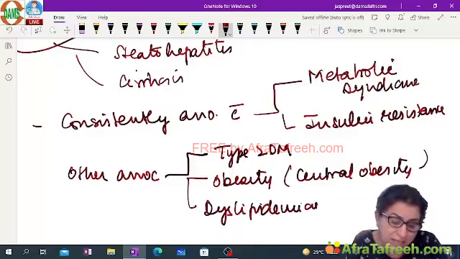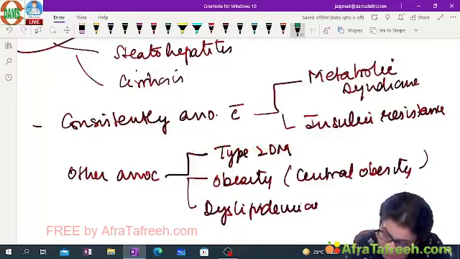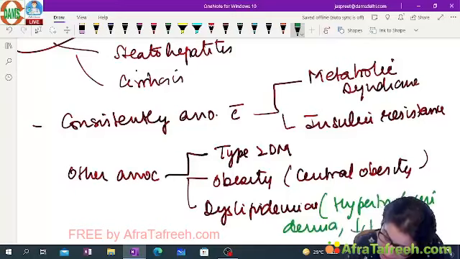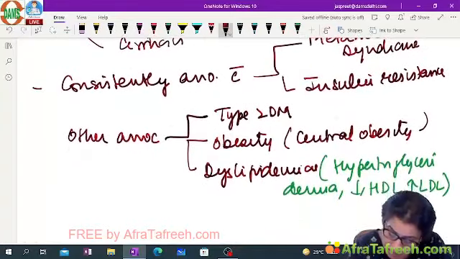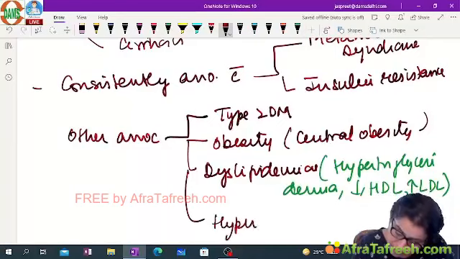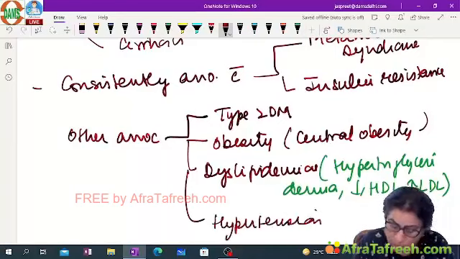They have hypertriglyceridemia, then decreased HDL cholesterol and increased LDL cholesterol. So they have dyslipidemias, and third, they also have hypertension.